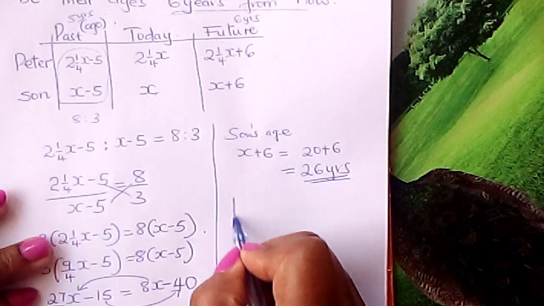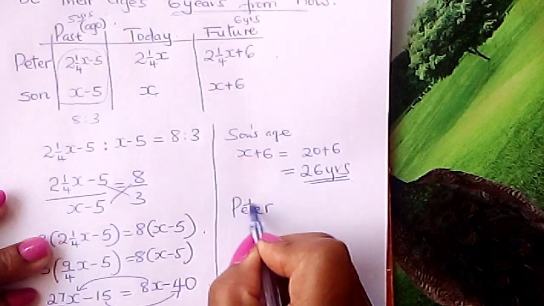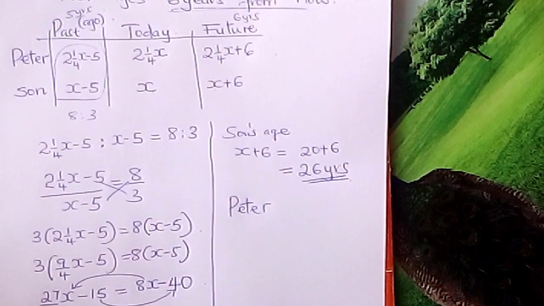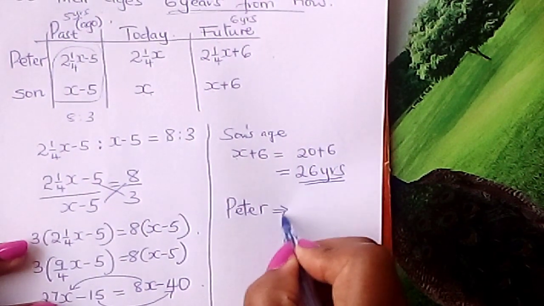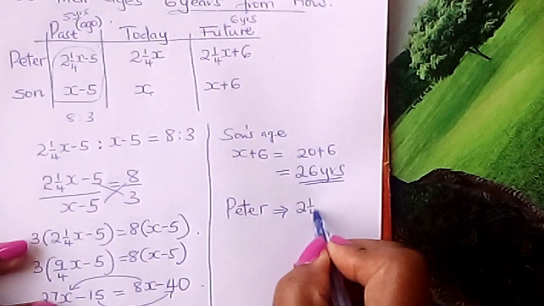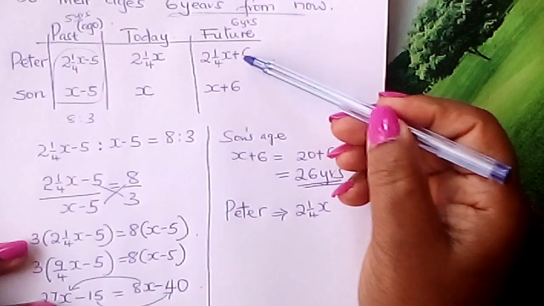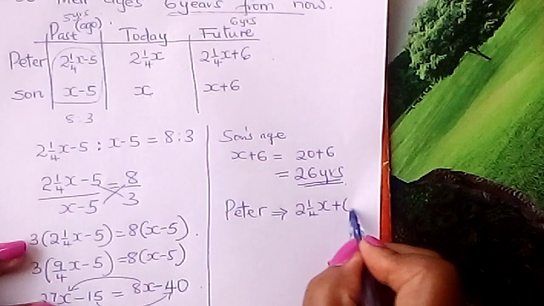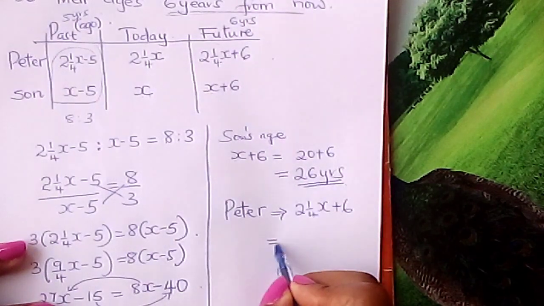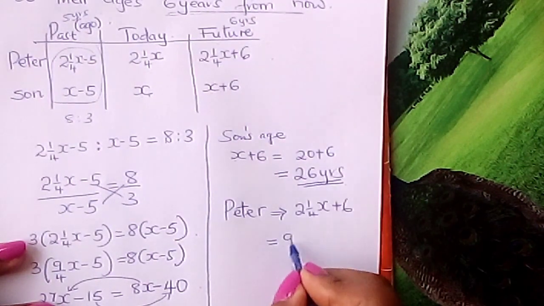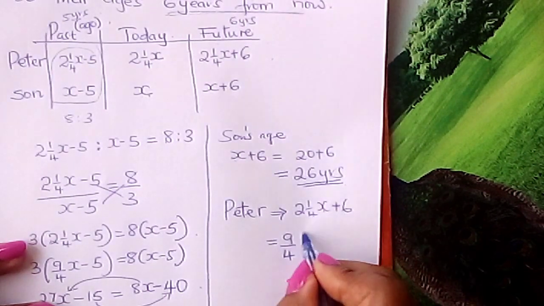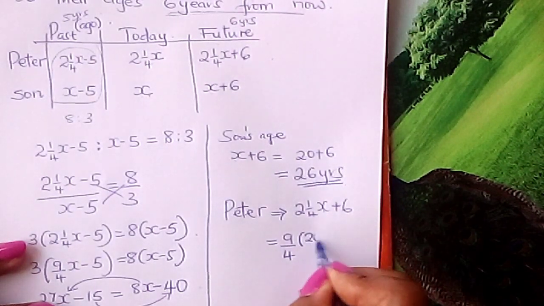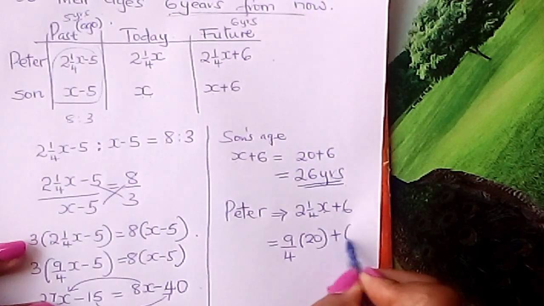Then what about the father, Peter? The expression for his age is 2 1/4 X plus 6. So you say this is equal to 9 over 4, you substitute your 20, and then plus 6.